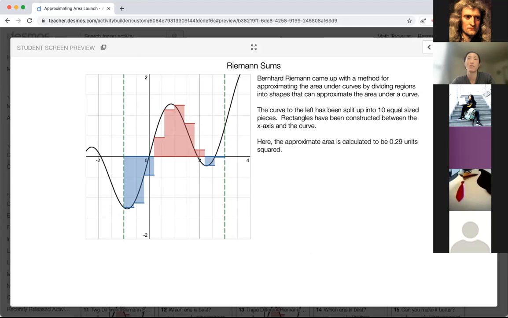The more rectangles you have, the better your approximation will be. And if you have a whole bunch of rectangles, like you divide it into like 3,000 rectangles, you're going to get a pretty good approximation.